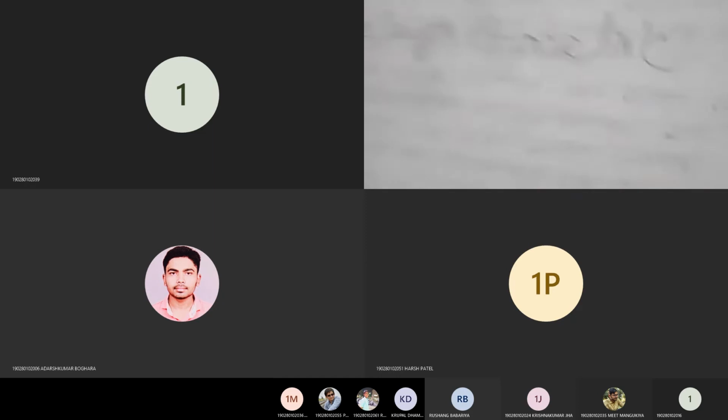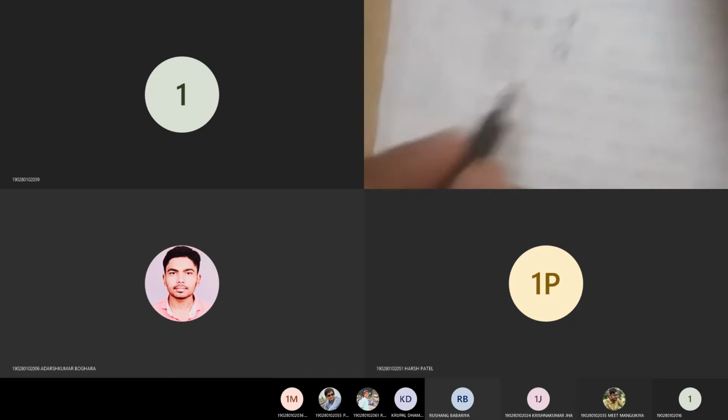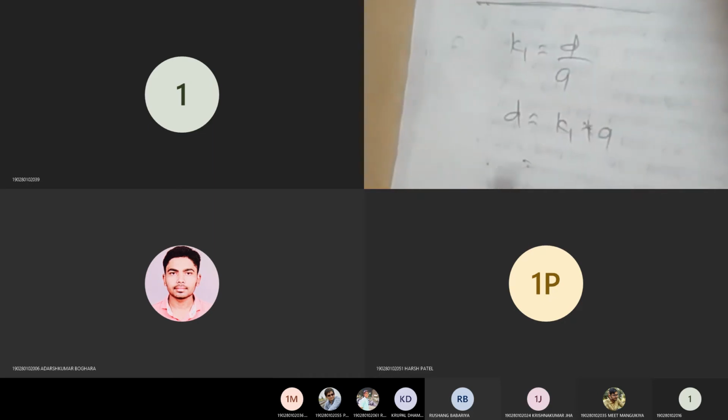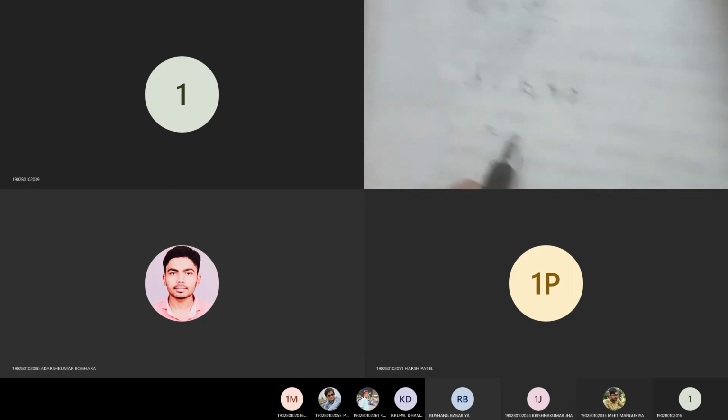And we follow the formula for all the equations, that k1 is equal to d by a, or we can say that d is equal to k1 into a. The value of k1 we know, 0.905 into a1, so we are getting 0.905 unit, that is the value of small d.